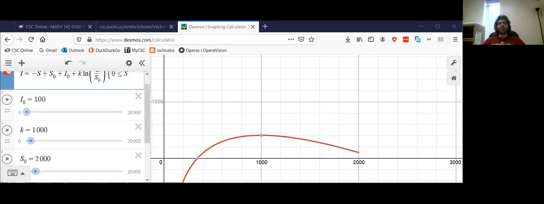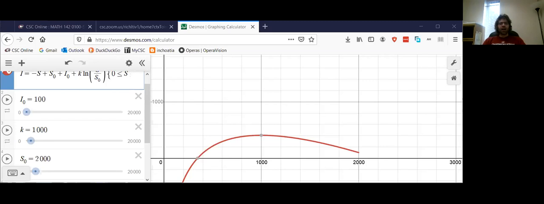What happens as time passes? Well, time doesn't explicitly appear anywhere, but S, the number of people in the susceptible category, is always decreasing. That's a feature of the model.